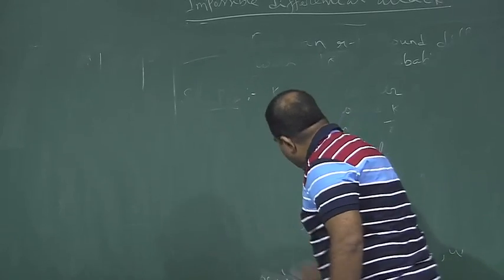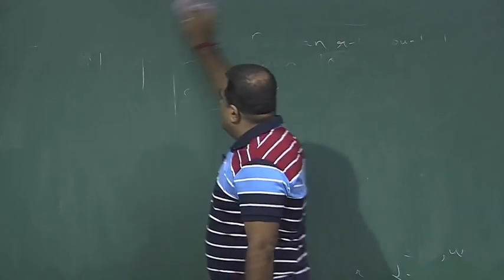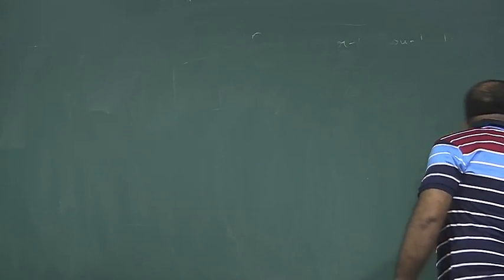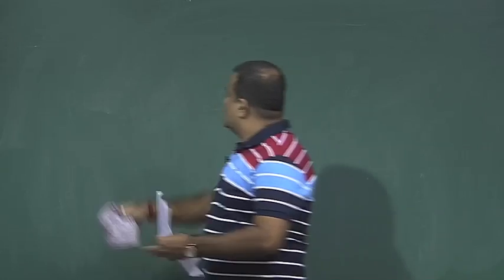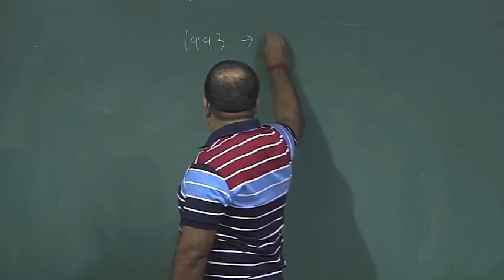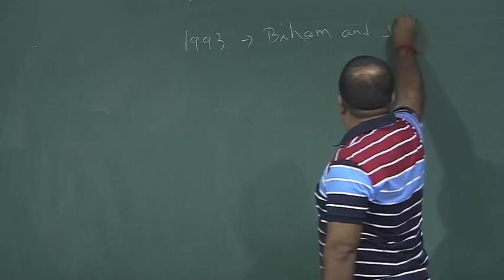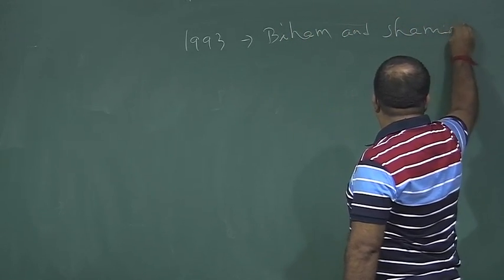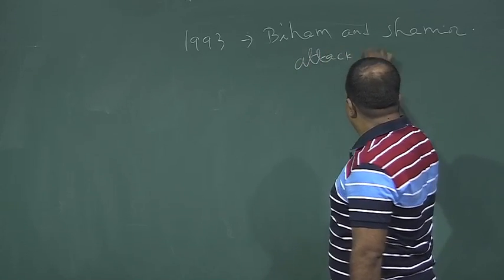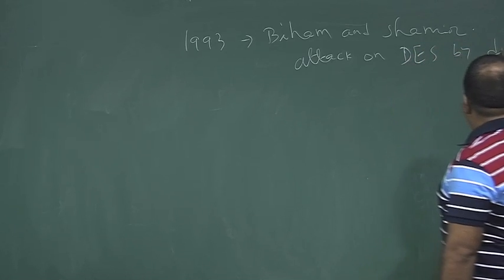So, this is the best known attack after the exhaustive search attack. In 1993, Biham and Shamir attacked DES by differential cryptanalysis.